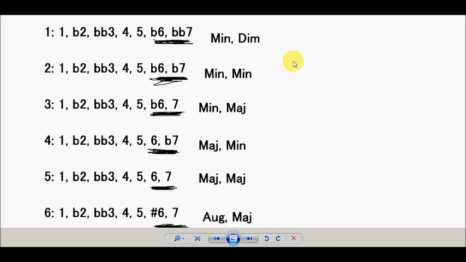And how all the scales in a chakra differentiate from each other are the 6th and the 7th intervals following this formula of minor diminished, minor minor, minor major, major minor, major major, and then augmented major. So whenever you want to change a raga or a scale, whenever you're in a specific chakra, all you have to do is move the 6th or the 7th scale degrees in this formula in order to go from one after the other.